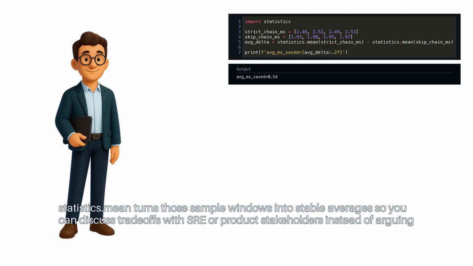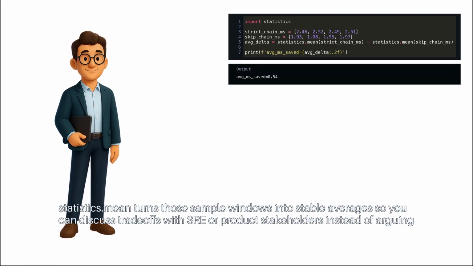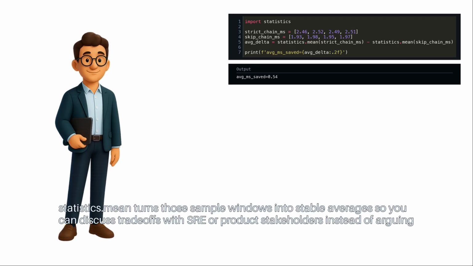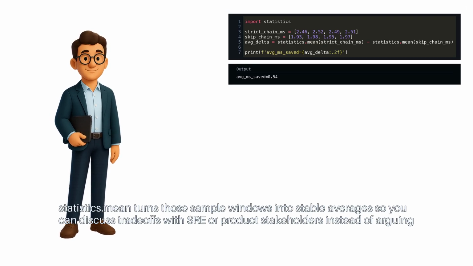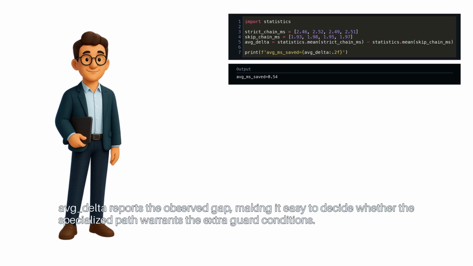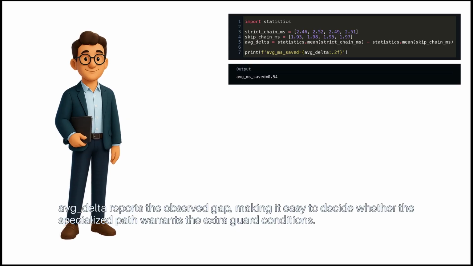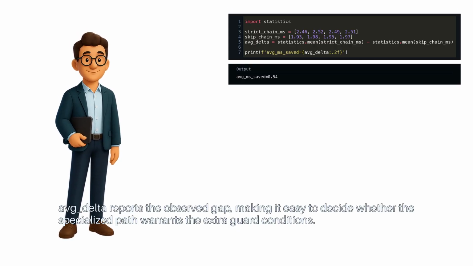statistics.mean turns those sample windows into stable averages so you can discuss trade-offs with SRE or product stakeholders instead of arguing from anecdotes. avg_delta reports the observed gap, making it easy to decide whether the specialized path warrants the extra guard conditions.